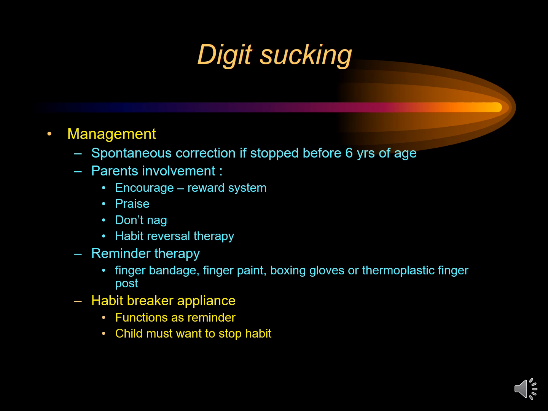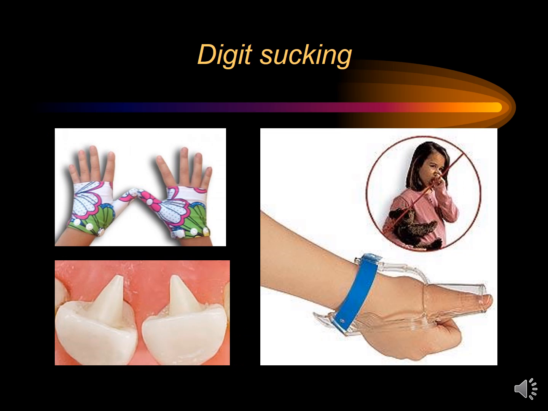But for any of these appliance therapies to succeed, most importantly, the patient must want to stop the habit. It should be pain free and there should be no occlusal interferences. So these are the various methods.